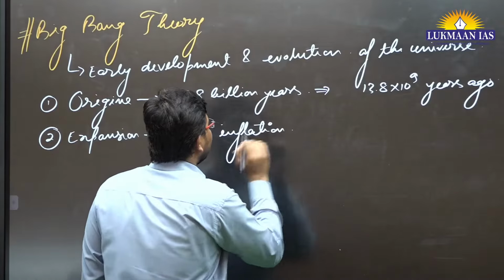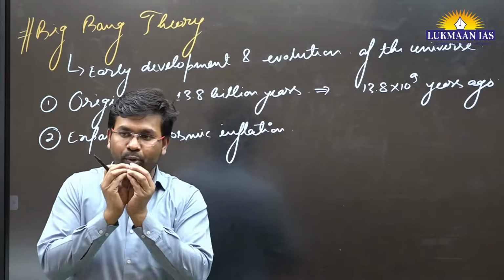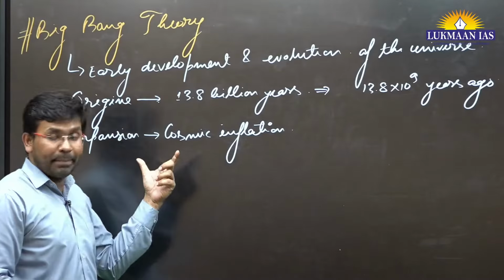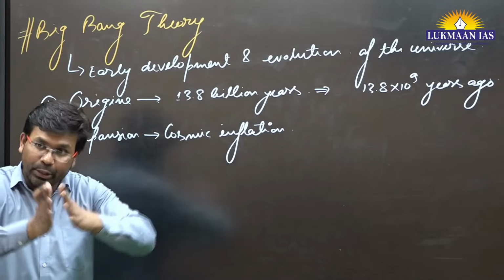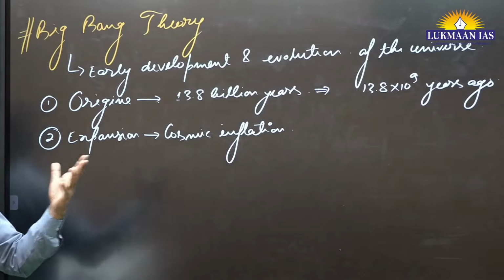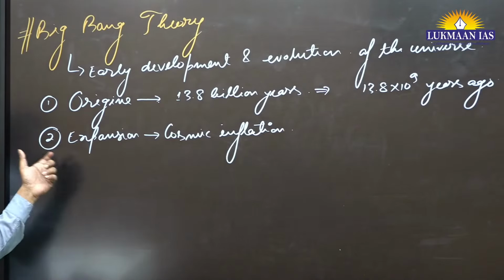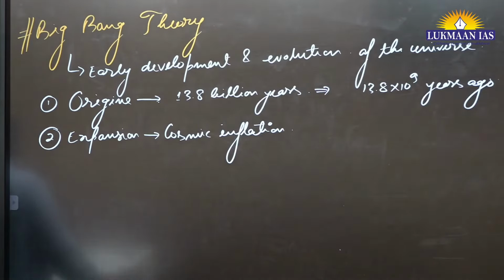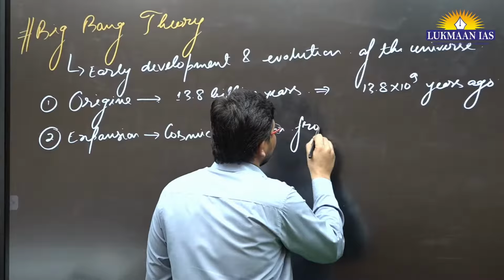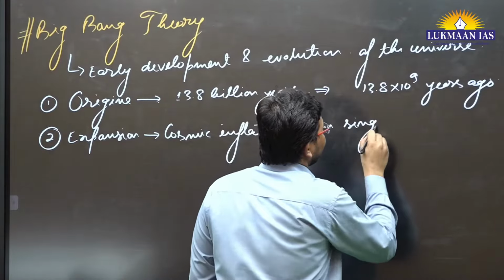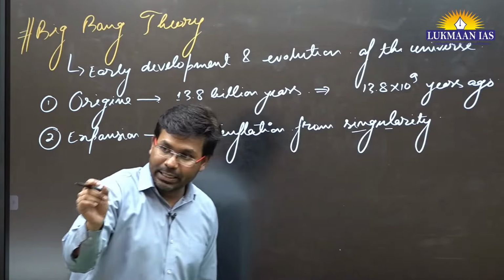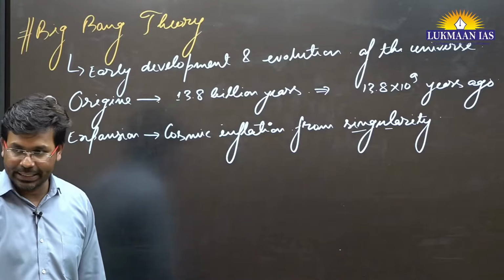For example, if you blow a balloon with air, it is going to inflate. Similarly, after the Big Bang, the universe expanded. We are going to discuss how soon, and what changes came to the universe. This is going to be important. So expansion happened. This is known as cosmic inflation, which happened from where? Singularity, right? Singularity means a single point with infinite mass and infinite density, right? This is the thing.